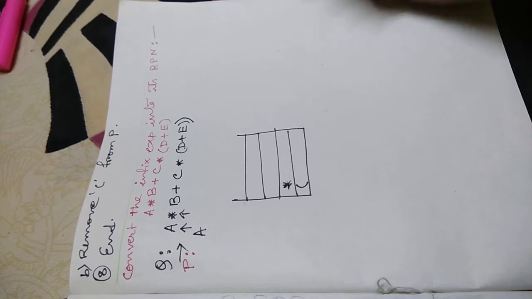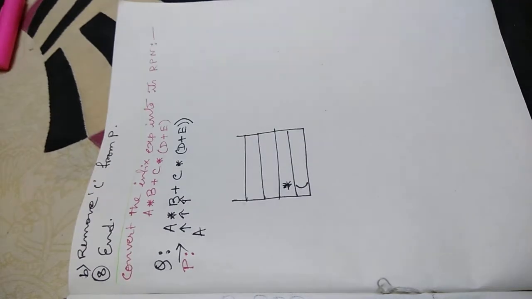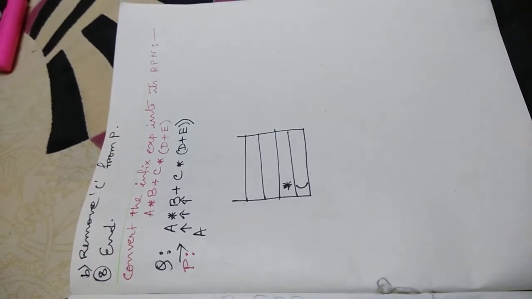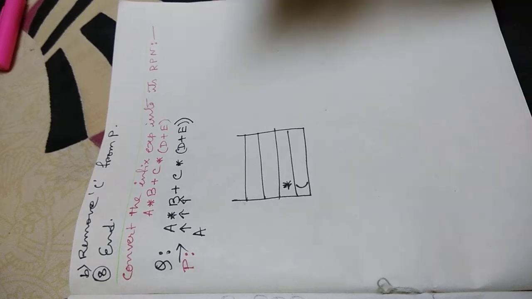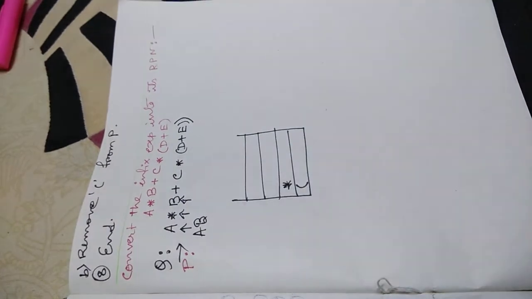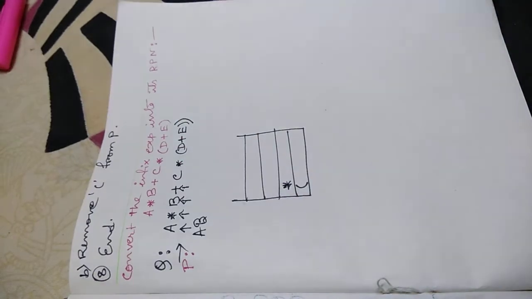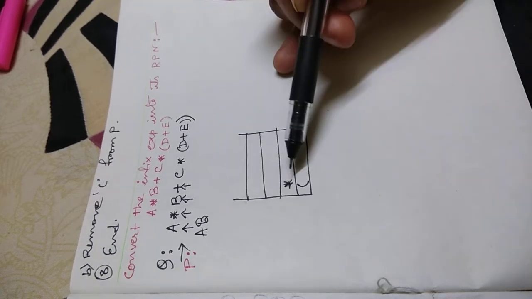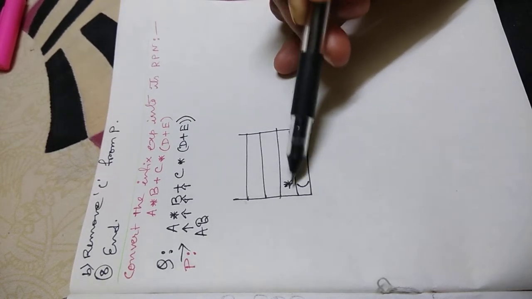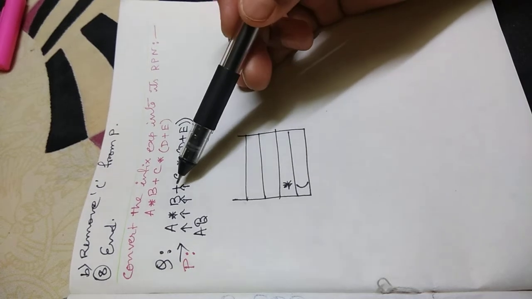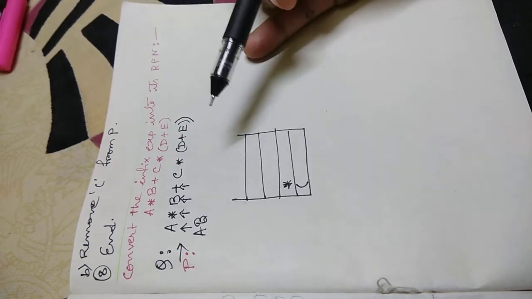Right? Next is B. That is an operand. If it is an operand, then write it at the end of P. Okay. Next, it is plus, which is an operator. Now we have to compare these two. Which one? The top of the stack element with the one encountered. The rule is what?